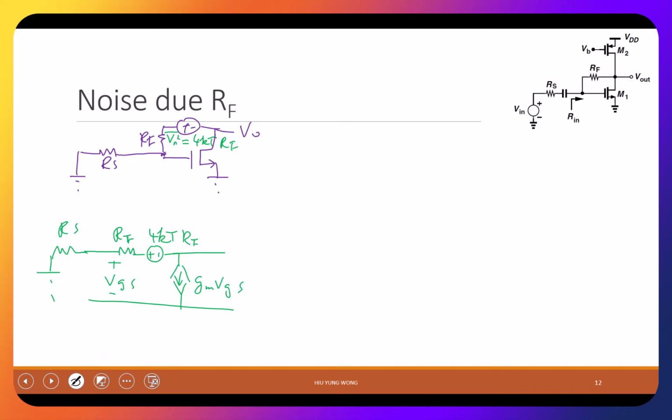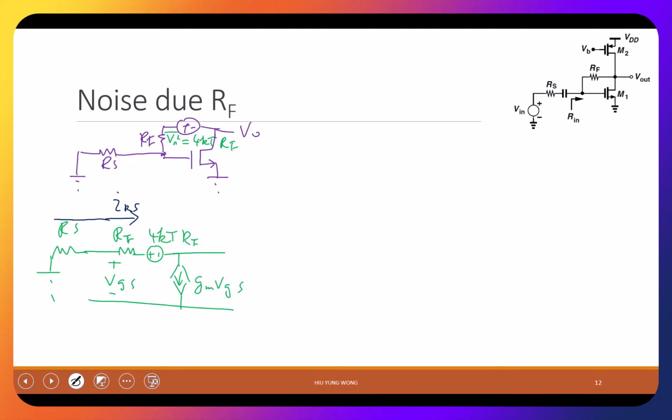What is VGS? VGS is this 2 point, right? So I will say VGS equals to, or let's use Ohm's law, that may make it easier for you. IRS. So if this is IRS, okay, the current going from left to right, right?